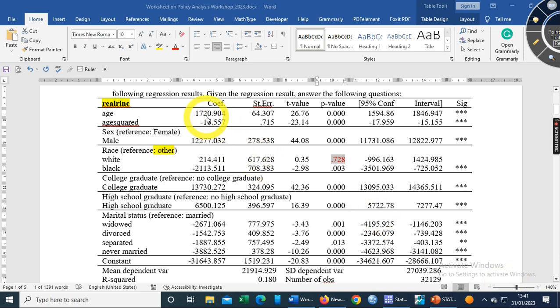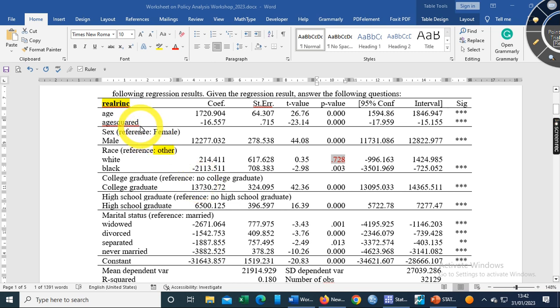For example, as age increases by 1 year, real income of the individual increases by $1,720.9 on average, keeping the remaining variables constant.